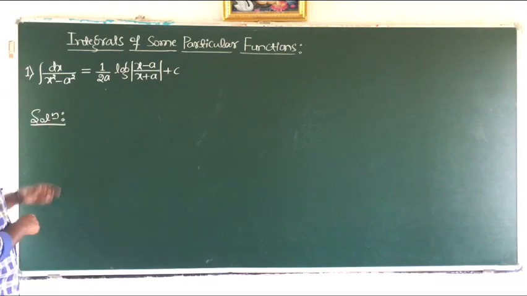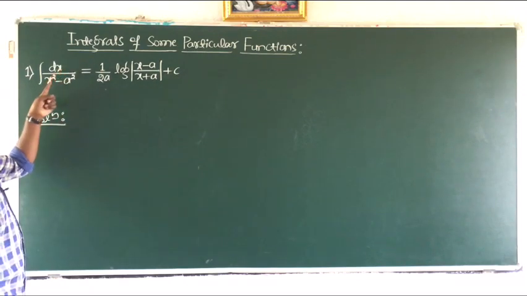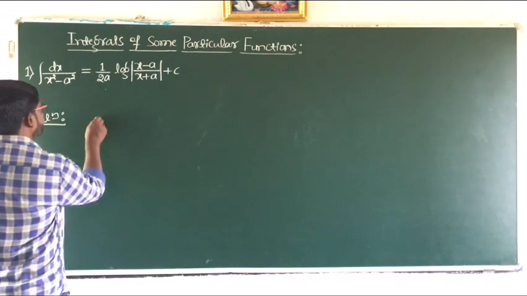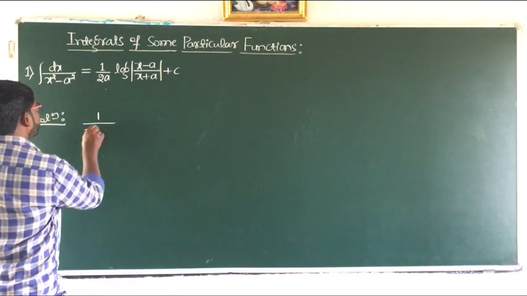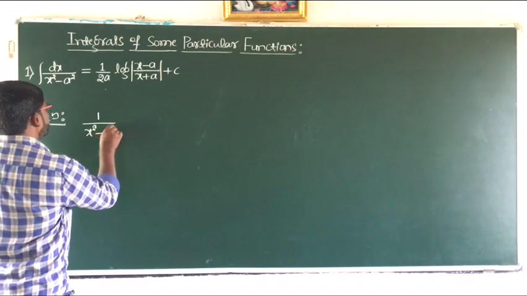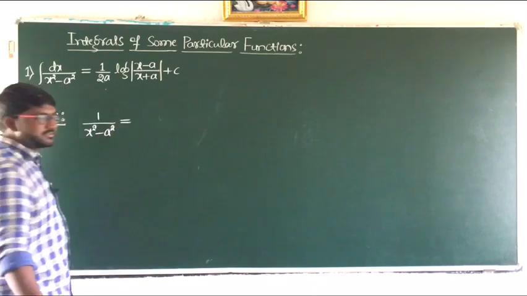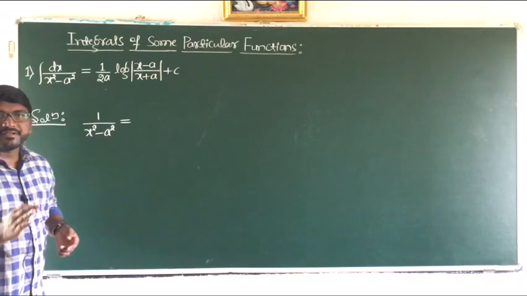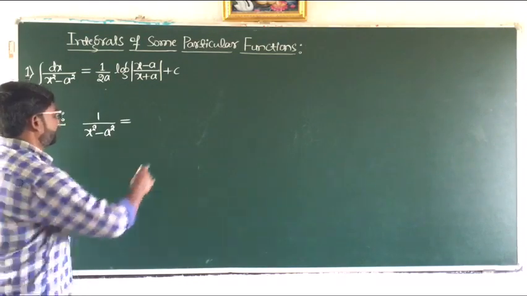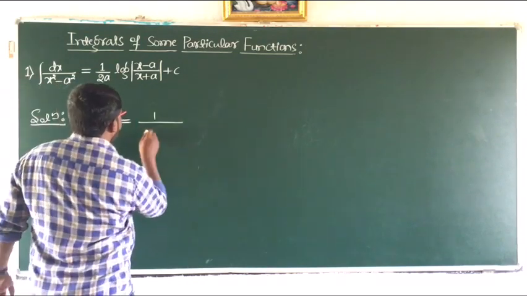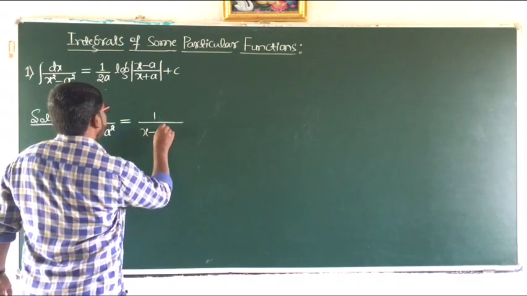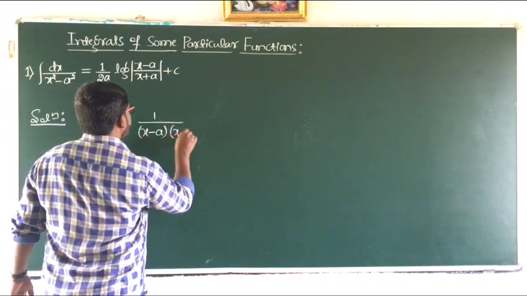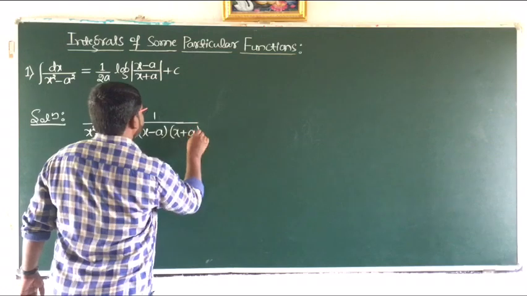Here I take only 1 by x square minus a square. This is in the form of a square minus b square, which can be written as a minus b into a plus b. So 1 divided by x minus a into x plus a.